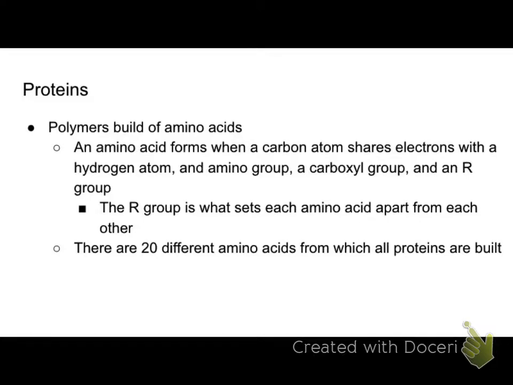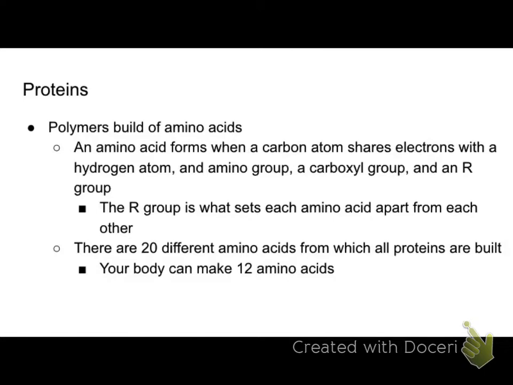Okay? Your body can make 12 of the 20 amino acids all on its own. So your body is equipped to make 12 different amino acids that it can use to build proteins and do jobs in your body. However, you'll notice that it can't make all 20, right?